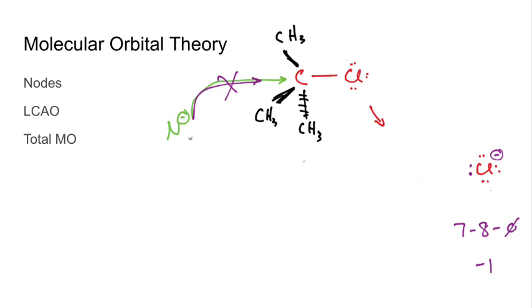The change ends up coming where it turns out I can now make the carbon with a positive charge. Why would I now be able to make the carbon, whereas before, when I had hydrogens, I was not able to do it?